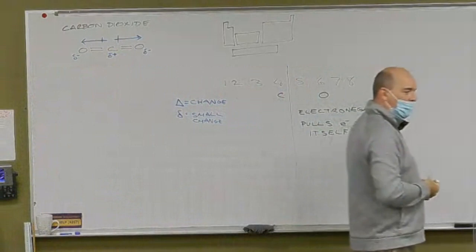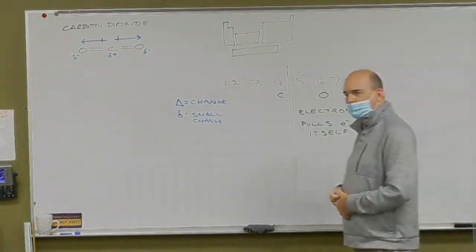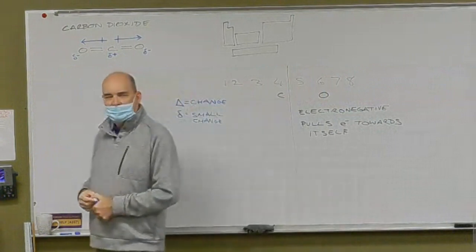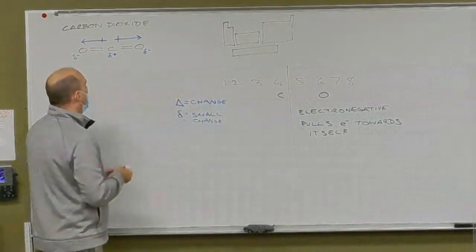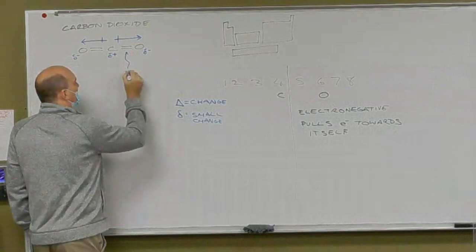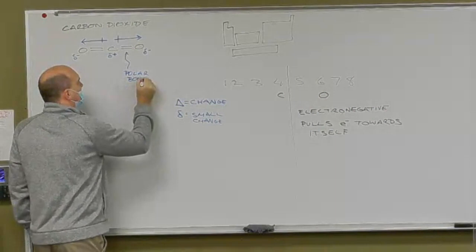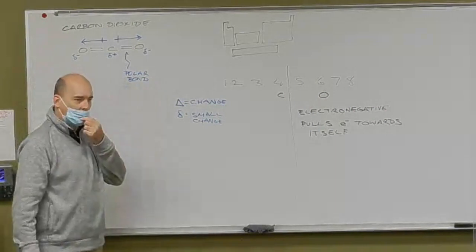So the outside oxygens pull electrons towards themselves, makes those oxygens a little bit negative. That means that this bond is polar.